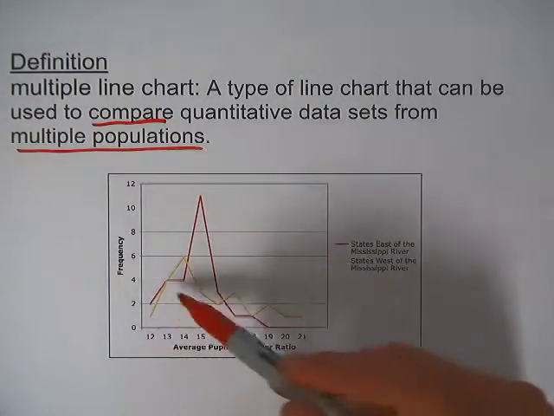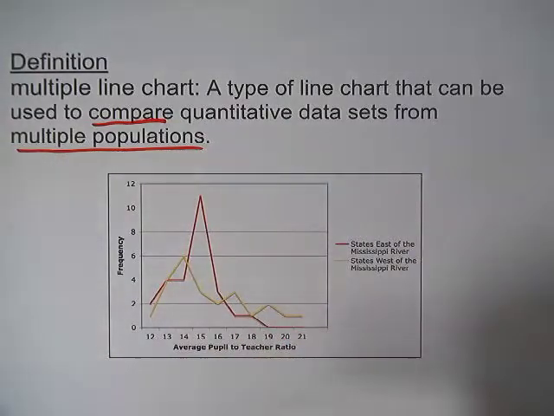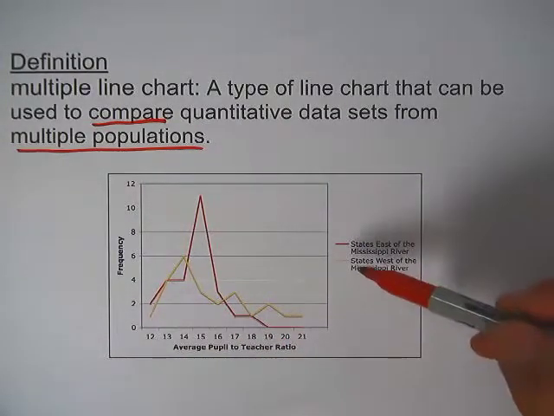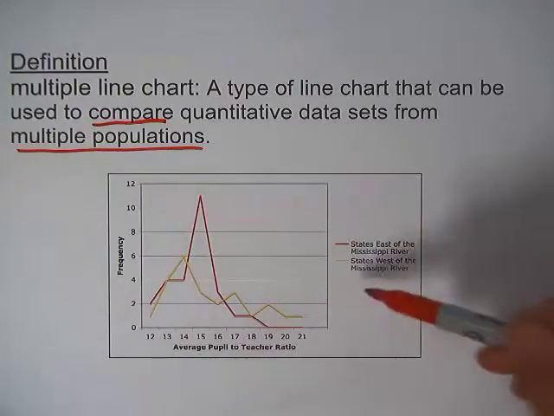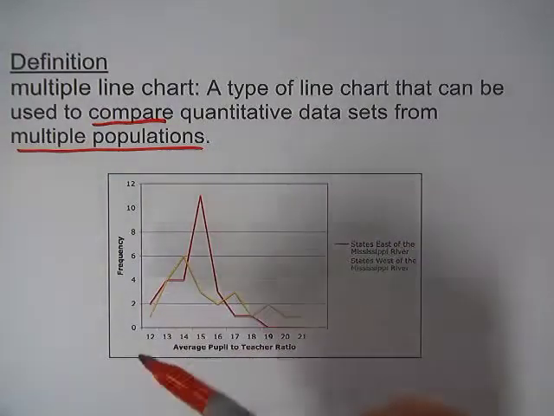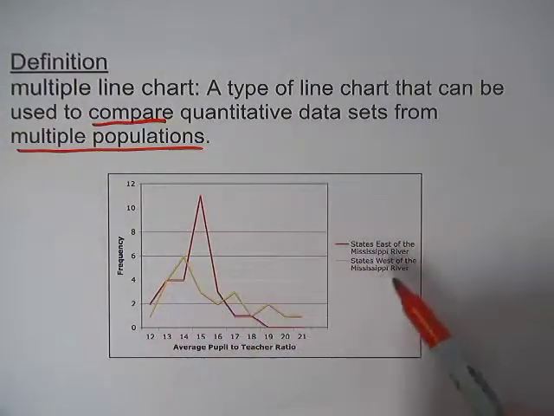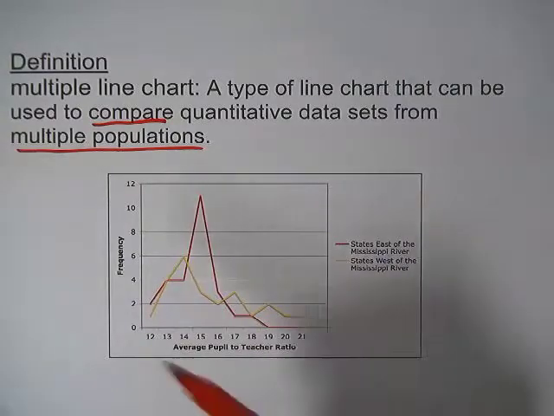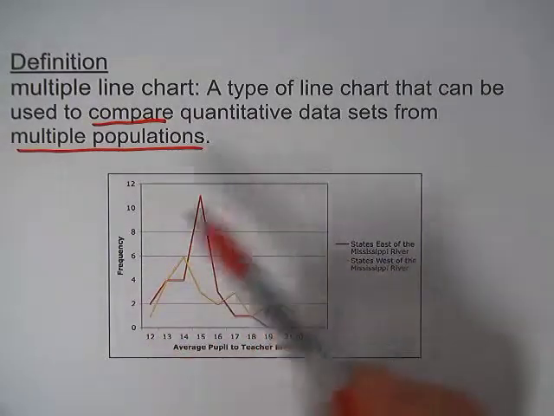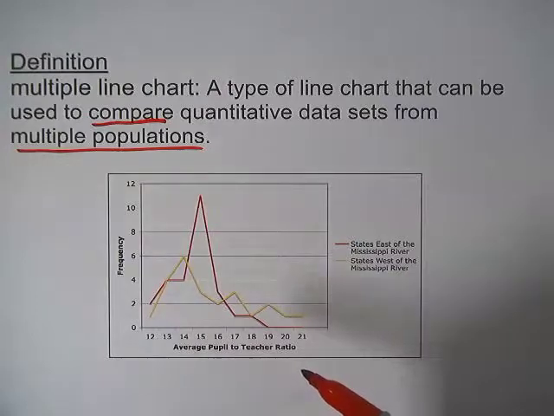That's really the same graph that we saw in the last one. And the yellow represents states west of the Mississippi River. So in this diagram, all 50 states are accounted for.